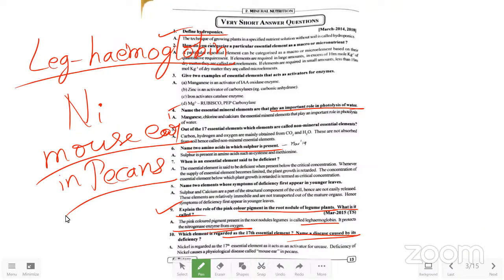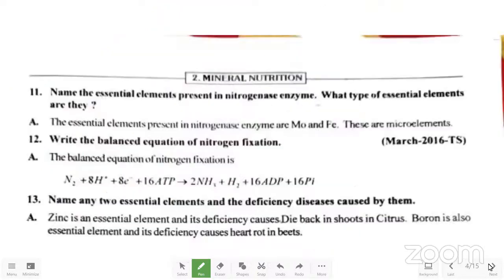Okay, finished. Now comes the next question. Write the balanced equation of nitrogen fixation. What is the equation for this?